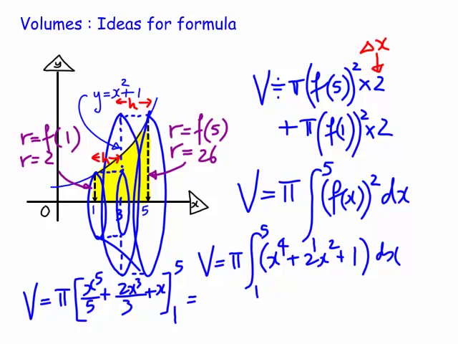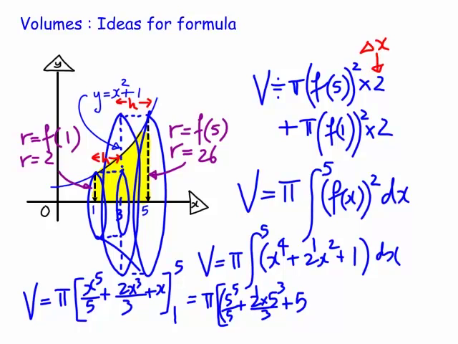First of all, substitute it all in. That's the pi, lots of 5 to the 5 on 5, plus 2 times 5 cubed over 3, plus put in the 5 for the x.